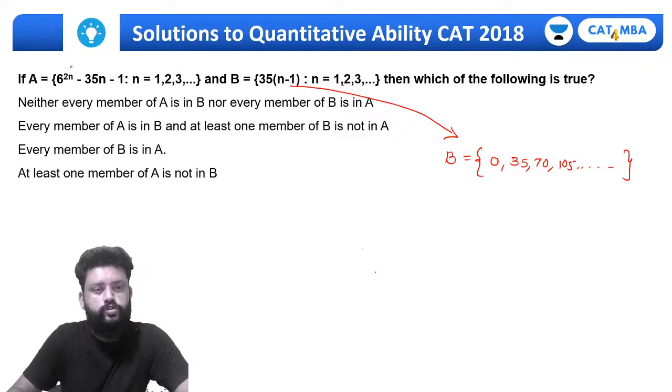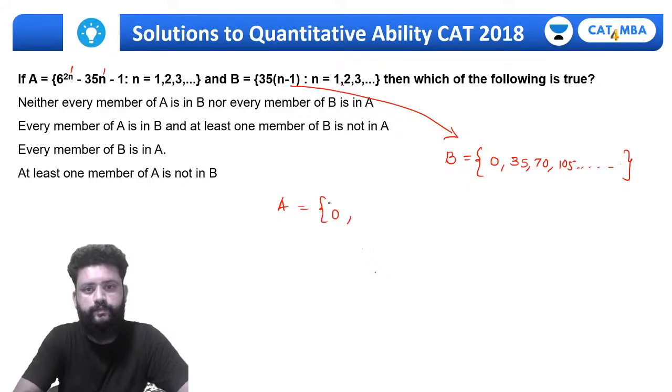So this is also, if you put the value of 1, 6 square, 1, 35 minus 1, 36. This can also be 0. Then we get A, if n equal to 1, is 0.